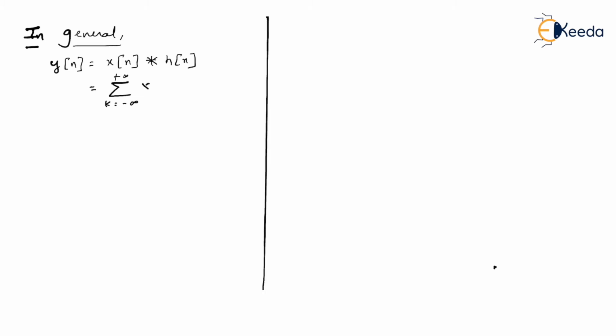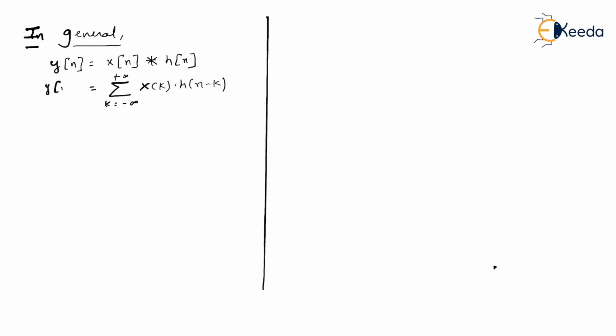So we know in general, suppose y of n is equal to x of n when convolved with h of n, it is given as summation k equal to minus infinity to plus infinity x of k h of n minus k.